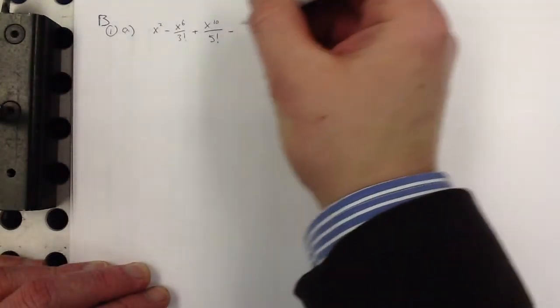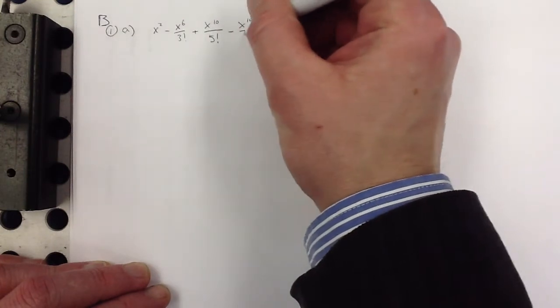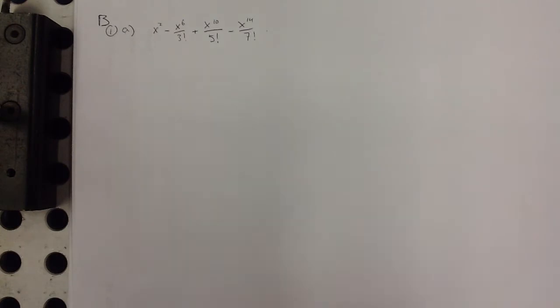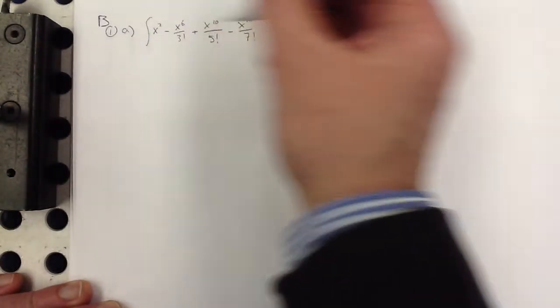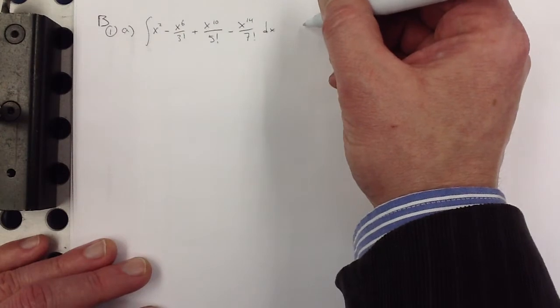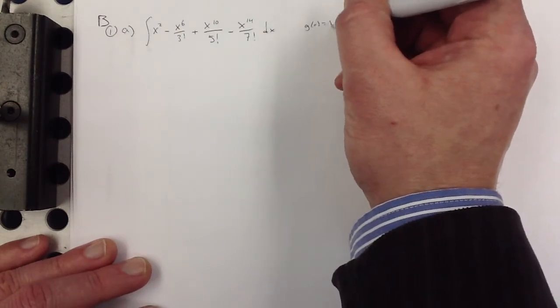And that's x to the 14th over 7 factorial and so on. And now we want the antiderivative of that with initial condition g of 0 equal to 1.